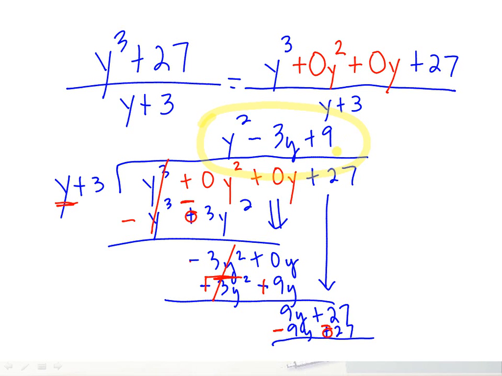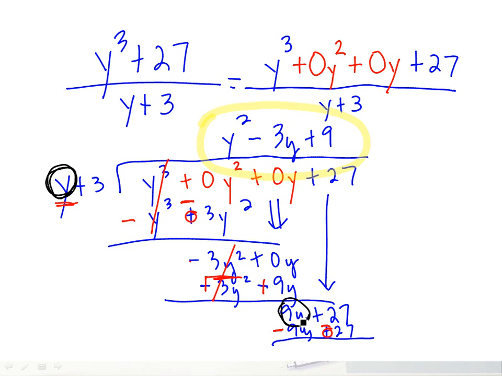Now, if you were wondering, how do you know when to stop? Well, it turns out if the degree here was lower than the degree over here, that's how you know that you can't continue.